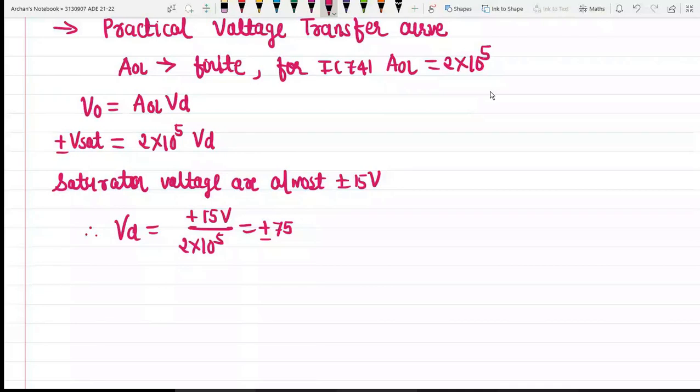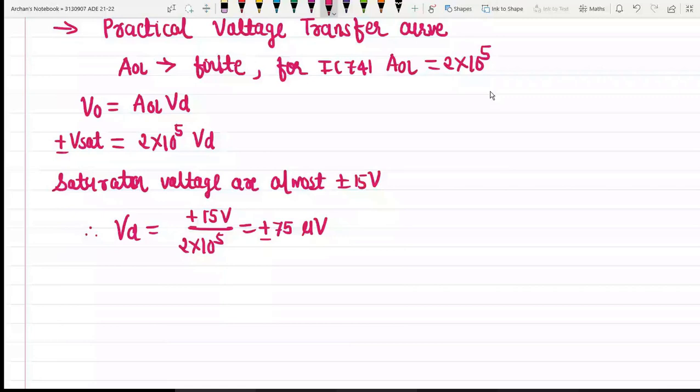If I go from 0 to 75 microvolt, then after this value my output voltage will saturate. If I go in the negative direction up to minus 75 microvolt and further increase, my output is going to saturate.